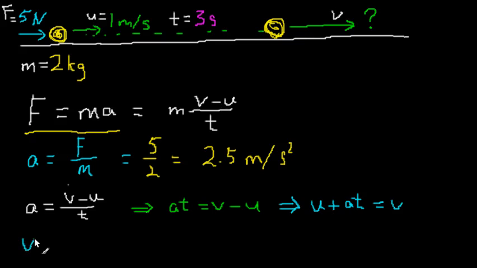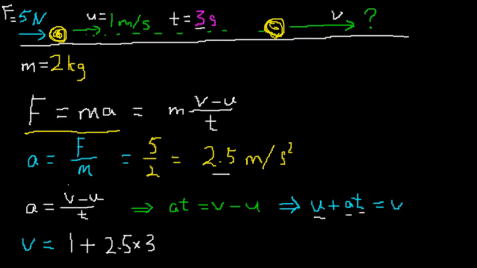Therefore, using this formula, I can substitute in u, a, and t. So let's do that. u is 1, so 1 goes into the u there. a is 2.5, goes into the a there. So plus 2.5. t is 3, goes into the t here, so that's times 3.